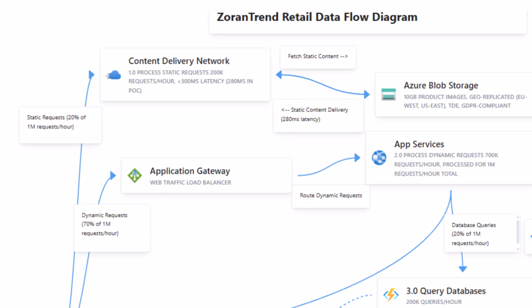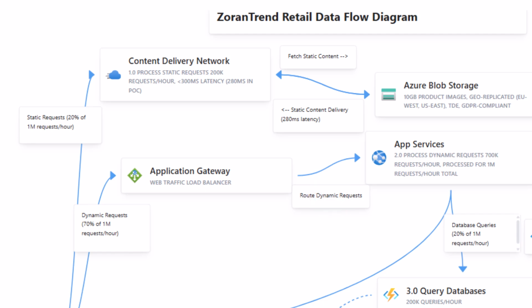Step 3. Dynamic requests via application gateway and app services. Now, let's move to the dynamic requests, which make up 70% of the total, or 700,000 requests per hour. These requests flow from users to the application gateway, which routes them to app services, labeled process dynamic requests.